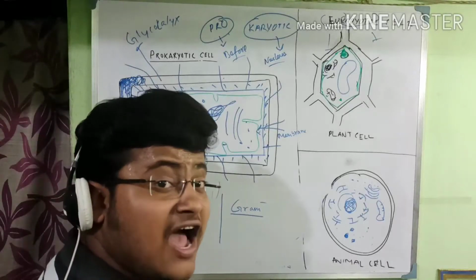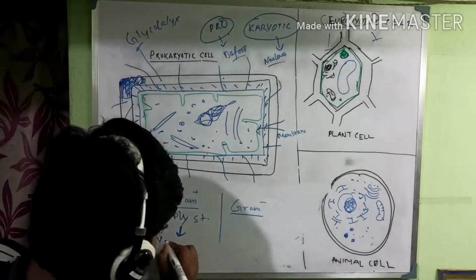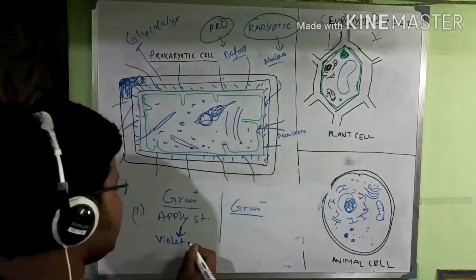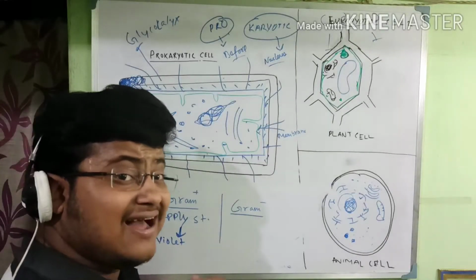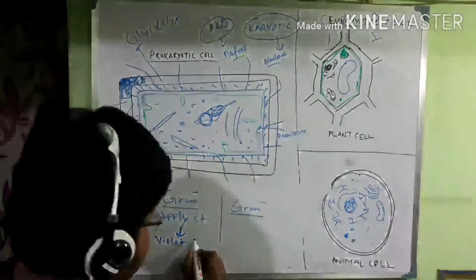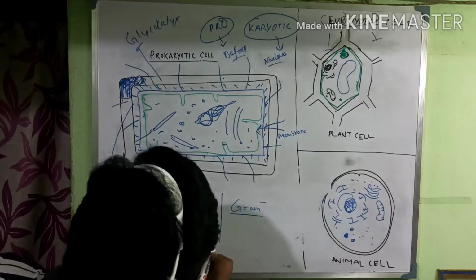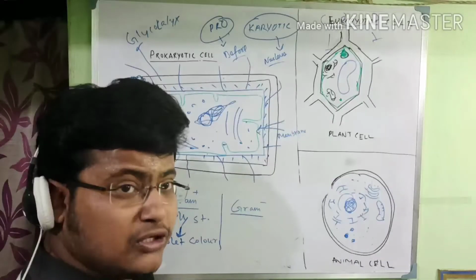It is a violet colored cell wall. The bacteria show a violet color. It is gram positive.